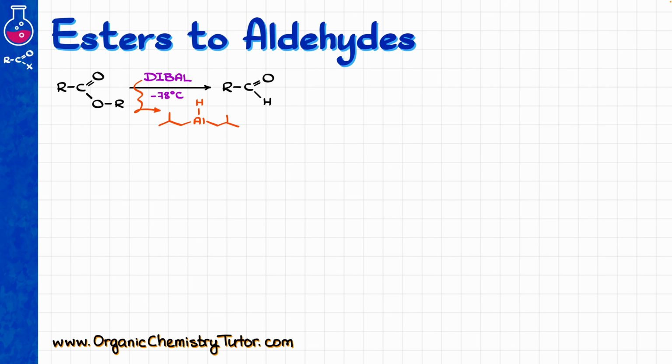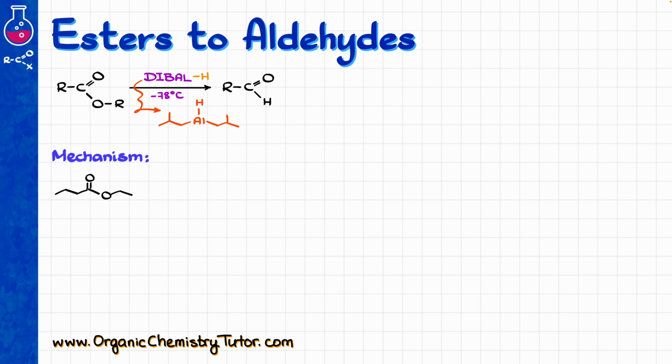So the trick here is to use an extremely bulky hydride like this DIBAL, which stands for diisobutyl aluminum hydride. That's why sometimes you can see it written as DIBAL-H, where H stands for the hydride. This hydride is definitely reactive enough to react with an ester, but it will cause so much steric hindrance that the reaction will just not proceed any further.